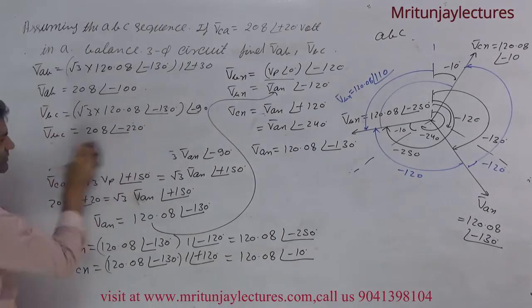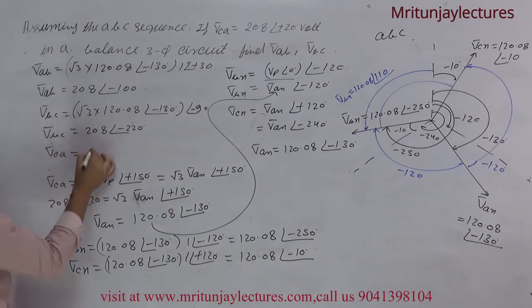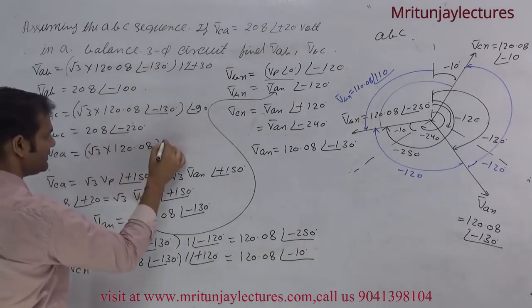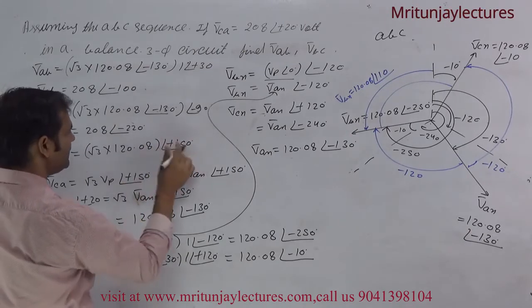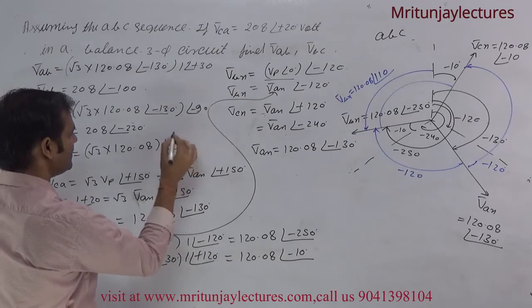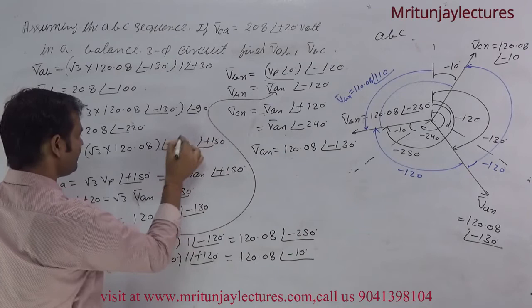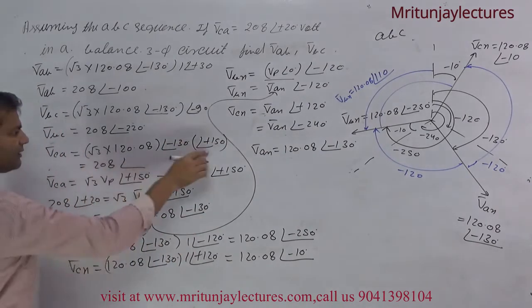If any doubt, check VCA also. Root 3 times 120.08 at the angle plus 150, and first of all written AN, value of AN, into plus 150. Okay, so finally we got 208 at the angle plus 20.